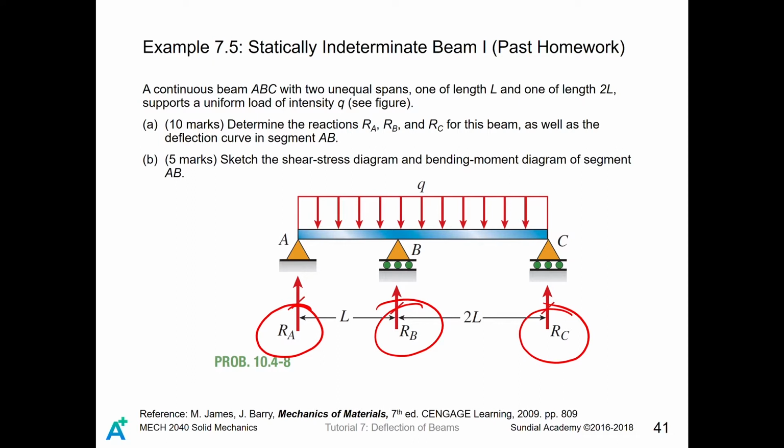So you only have two equations, but you have three unknowns. That means you cannot solve the three unknowns simultaneously only by those two equations. So here I'm going to introduce you how to solve this problem.